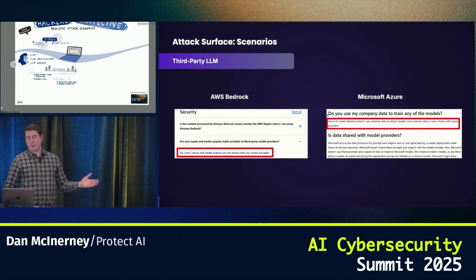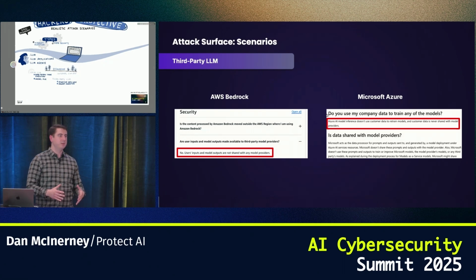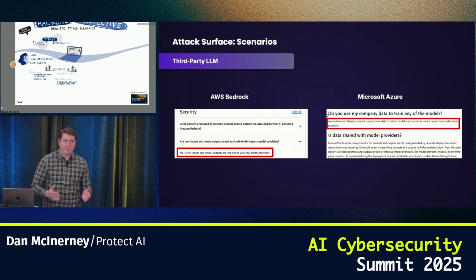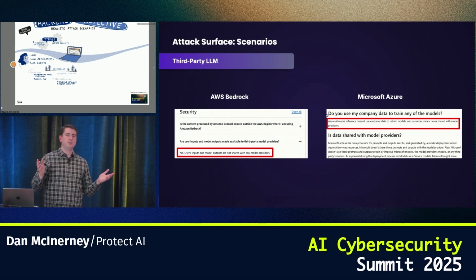And this is what I was saying about Amazon protecting your data security. You can check this box really easy. Amazon and Azure both say Azure AI model inference doesn't use customer data to retrain models. Customer data is never shared with model providers. It stays right inside your environment. So if your engineers are begging for access to this and you've said, no, I can't allow our proprietary information to leave, just set them up with a cloud-hosted instance of one of these models.